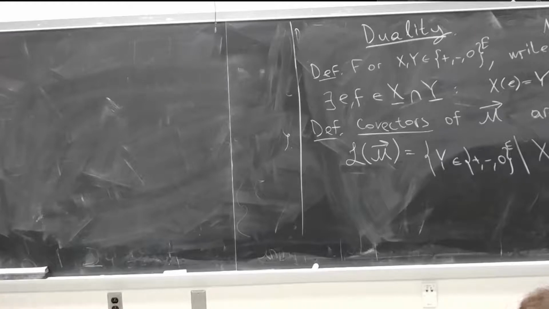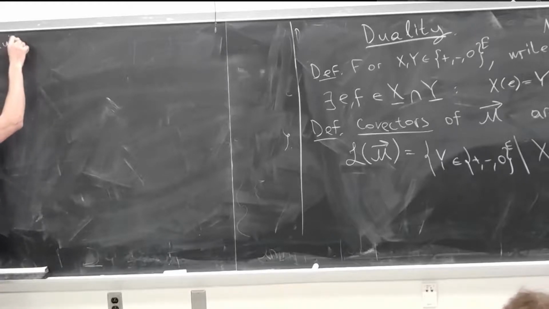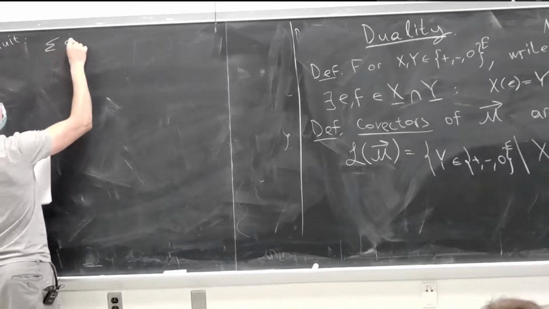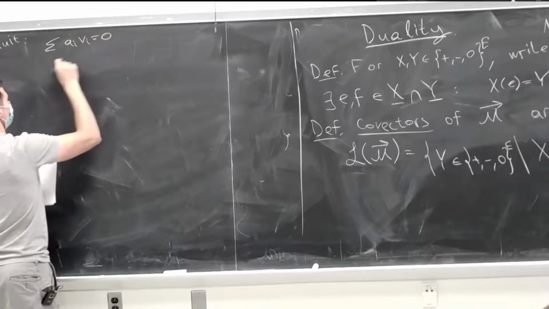Indeed, a signed circuit gives me a linear dependency, something of the form sum of a_i v_i equal to 0.